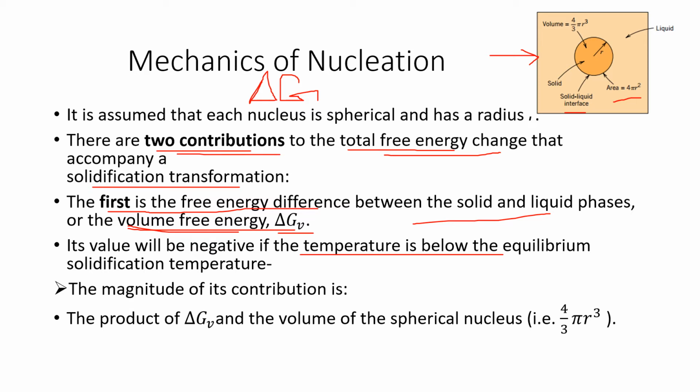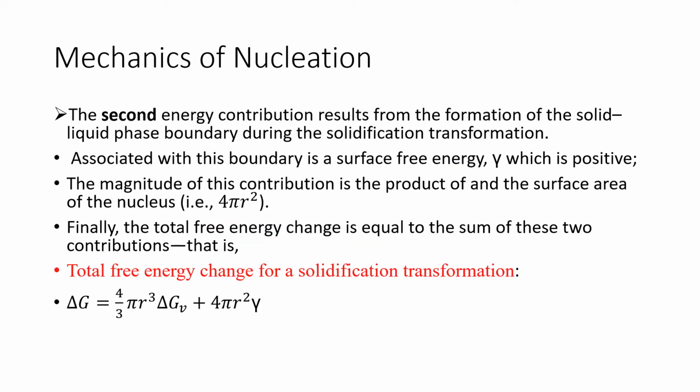The magnitude of its contribution is the product of delta GV and the volume of the spherical nucleus, 4 by 3 pi r cube. So it will be 4 by 3 pi r cube multiplied by delta GV.